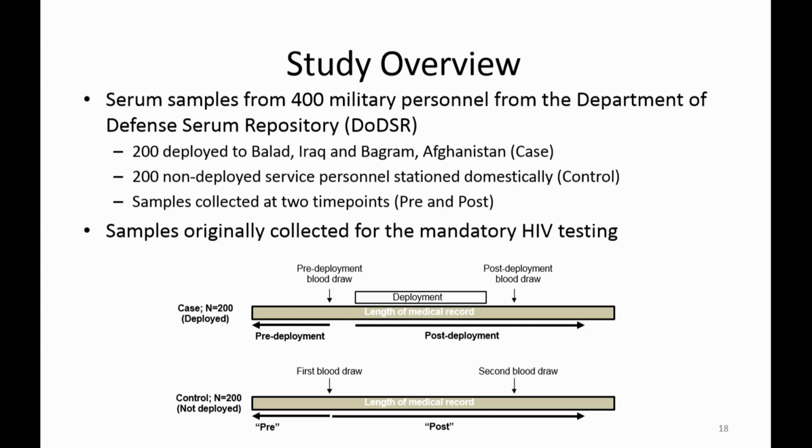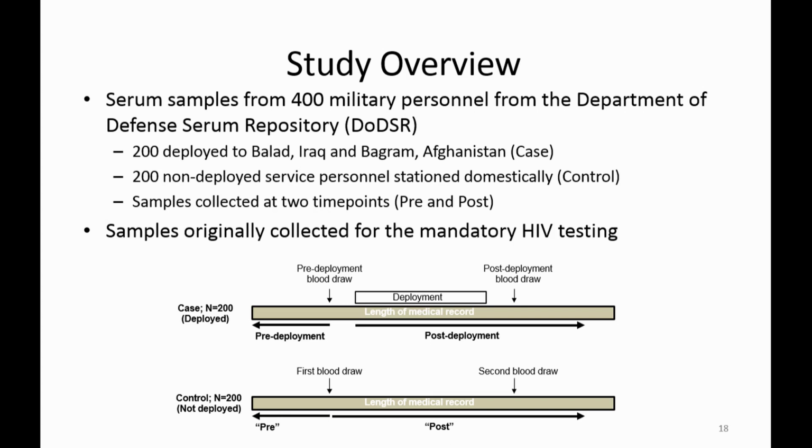Just to give you a brief background of this study, the first case study was a pilot study, but then we got funded, and we were given samples for 400 military personnel from 2 time points, pre and post deployment.